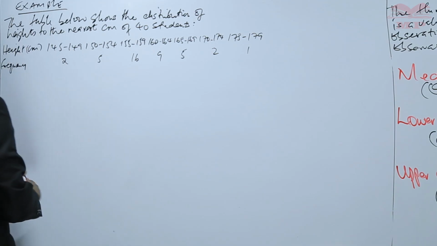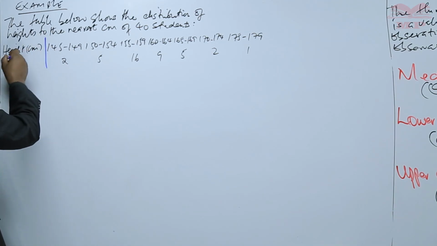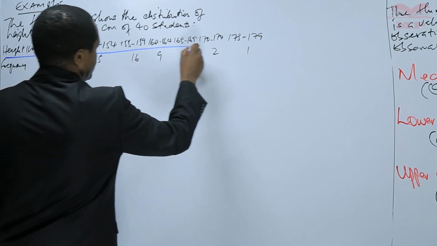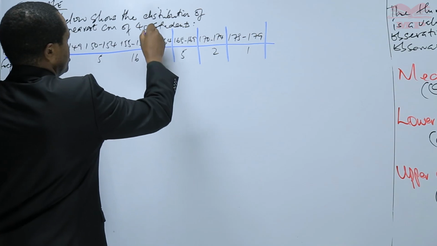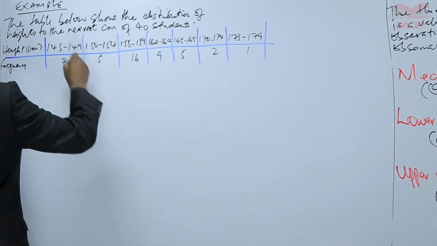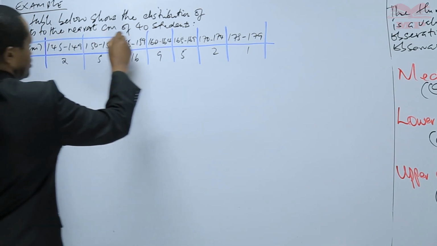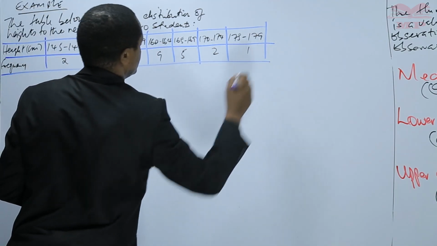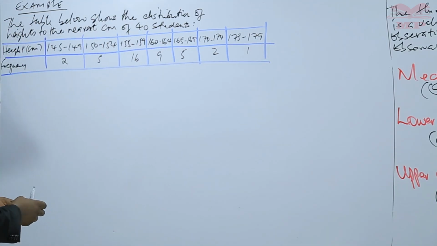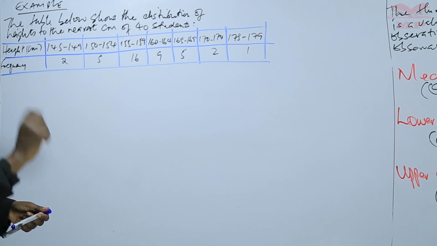Let me use my blue pen. This is the example. The table below shows the distribution of heights to the nearest centimeter of 40 students.